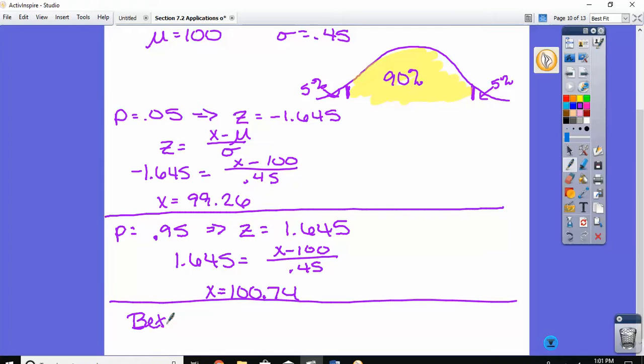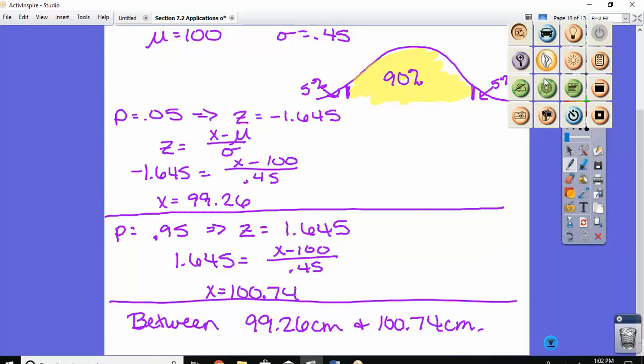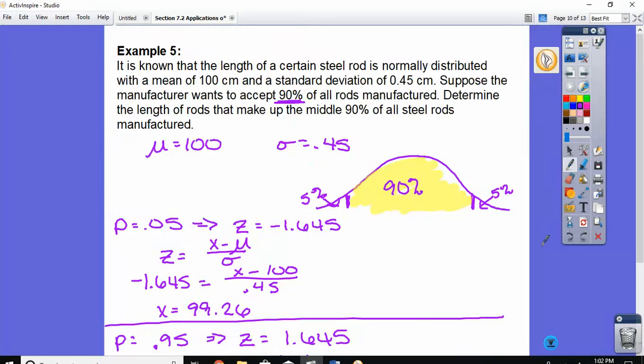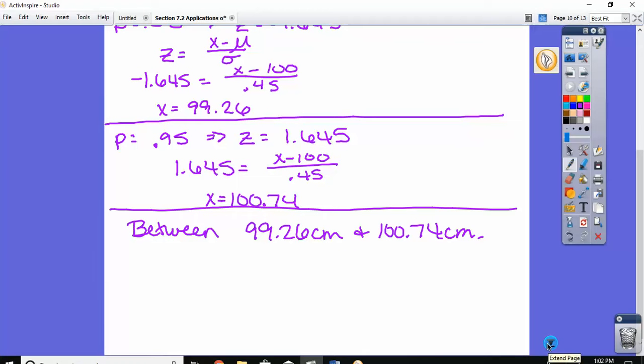So anything between 99.26 centimeters and 100.74 centimeters. That is the range where 90% of the rods are going to fall in between those two numbers. Questions?